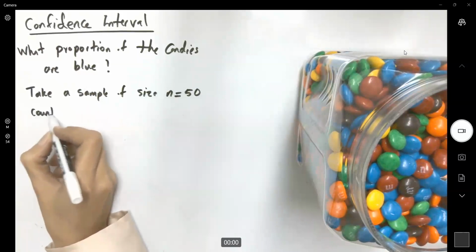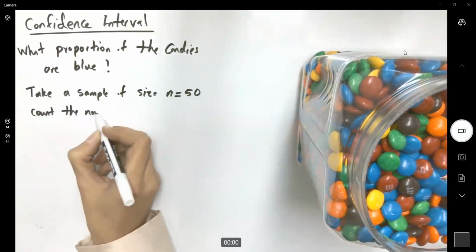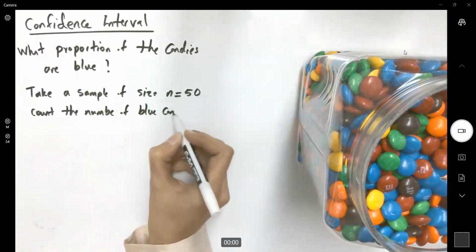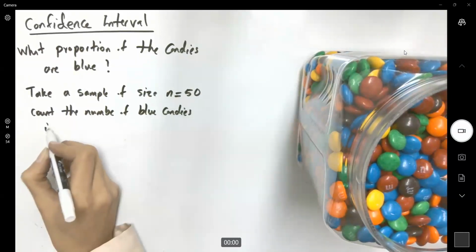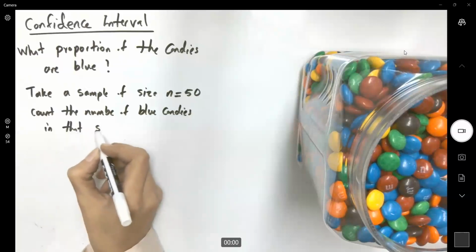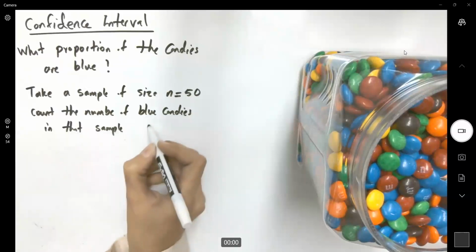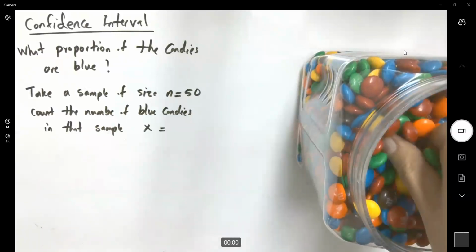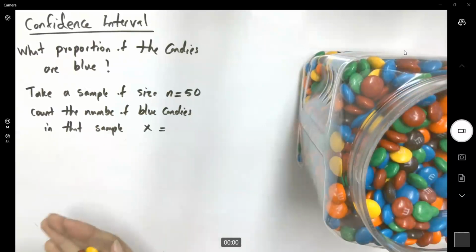Count the number of blue candies in that sample. We call it X. So let us start. I need to take 50 candies and count how many blues are there.